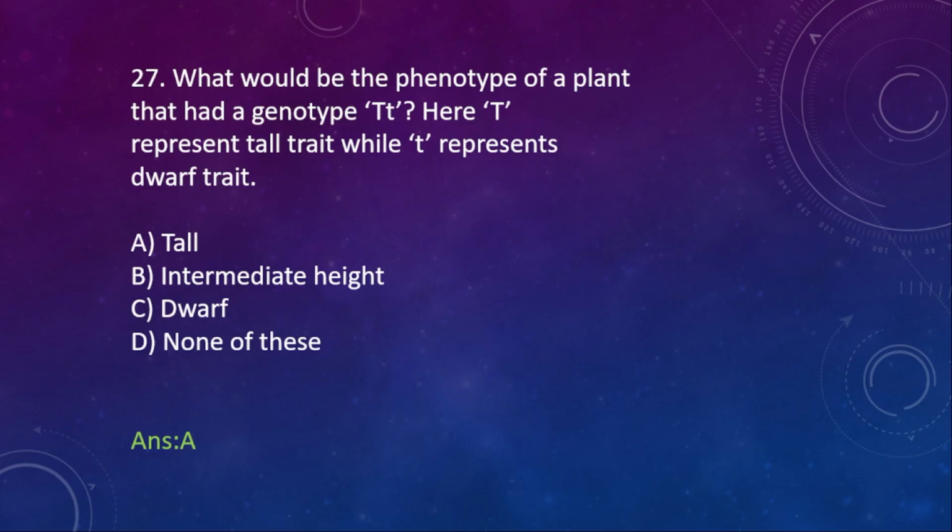Here the capital letter T represents the dominant allele and lowercase small t represents the recessive. If capital T is dominant over small t, the produced progeny will be tall.